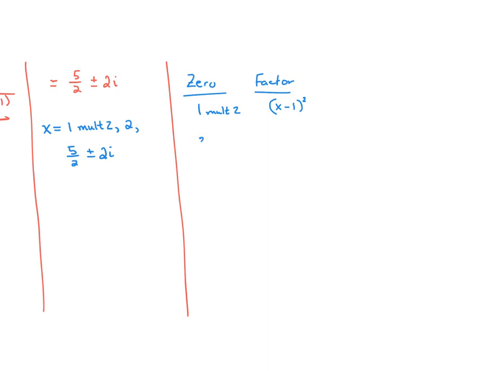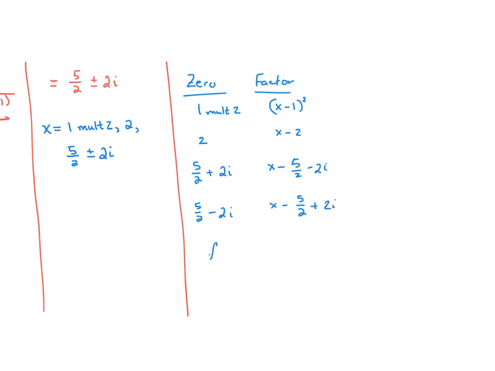Then we have 2, so that'll be x minus 2. Then we have 5 halves plus 2i. That will be x minus 5 halves minus 2i, because we'll have to distribute the negative. And then 5 halves minus 2i will be x minus 5 halves plus 2i.